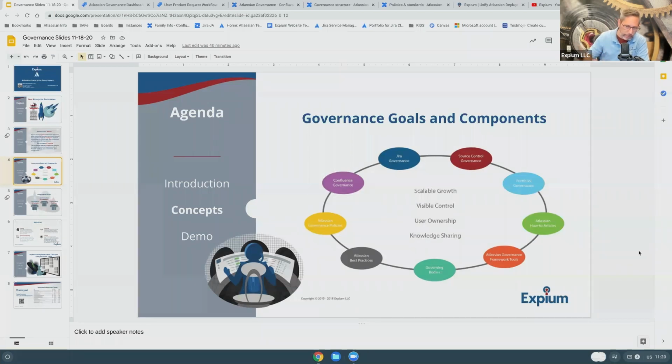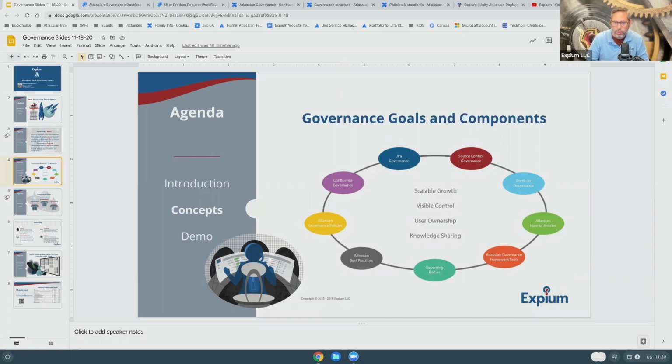All right, we're now down to about the 5,000 foot level, so let's take it down even further. As we think about building out our actual governance structures and our governance frameworks, we need to think about 3 main pillars that are going to show up there. This is really going to be the foundational element of what we build out and use on a day-to-day basis around governance. First of all is governance structure.